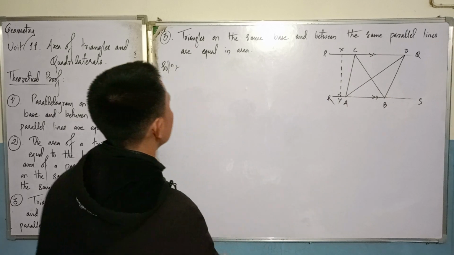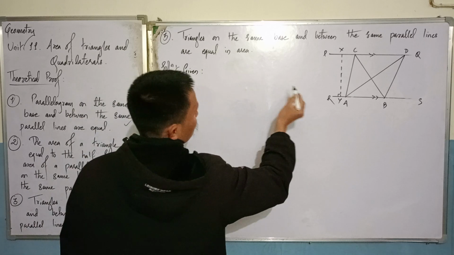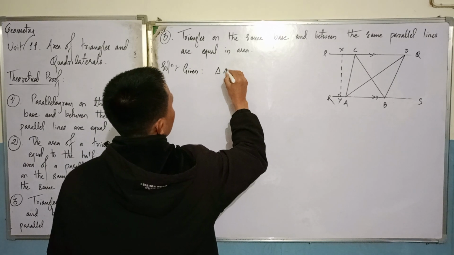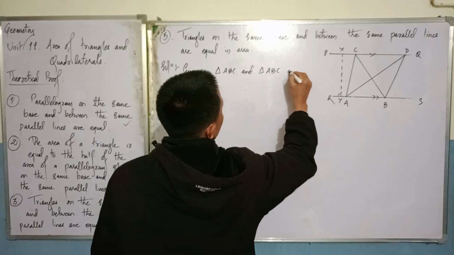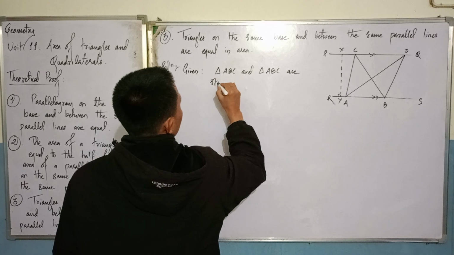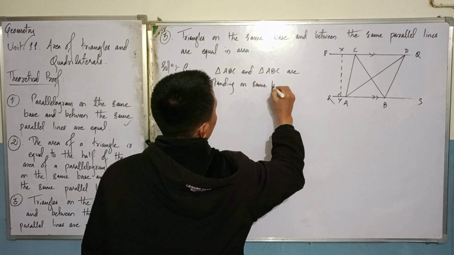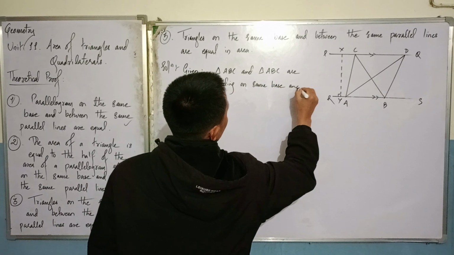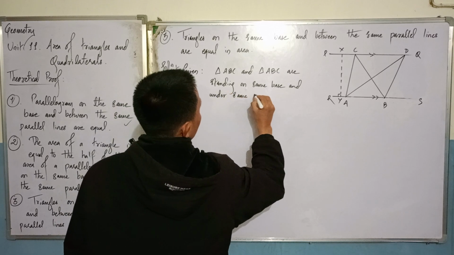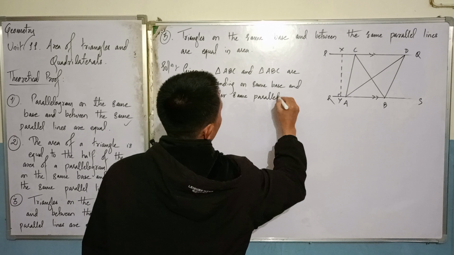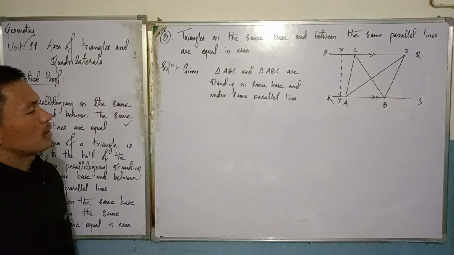So first you write given. In given, you just write triangle ABC and triangle ABD are standing on same base and under same parallel lines.